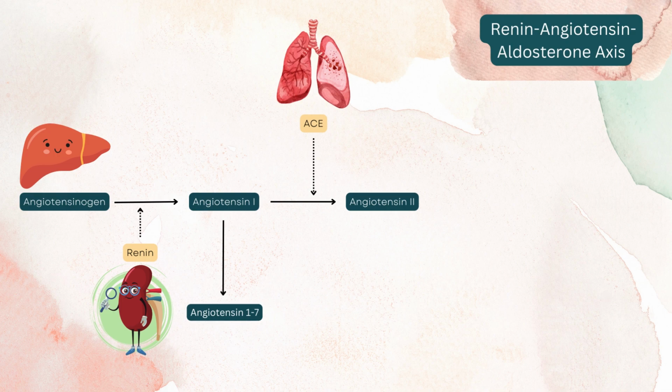Furthermore, there is an isoform of angiotensin-converting enzyme called ACE2, which catalyzes the conversion of angiotensin-2 to an additional peptide known as angiotensin 1-7, which binds a vascular endothelial receptor known as MAS.